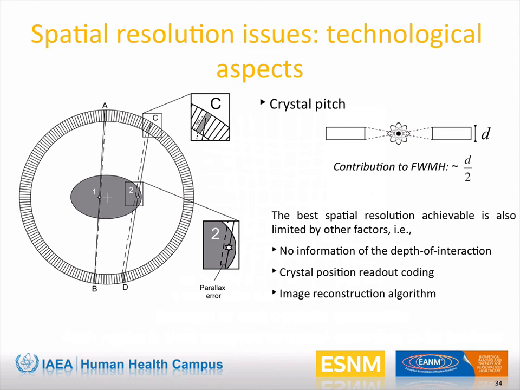With similar considerations, one can understand that the full width at half max of the coincidence response function worsens by moving closer to one of the two detectors, as the function starts to be trapezoidal in shape. Thus, the contribution in terms of full width at half max to the spatial resolution due to the finite size of the crystal is minimum at the center of the field of view and equal to d divided by 2.